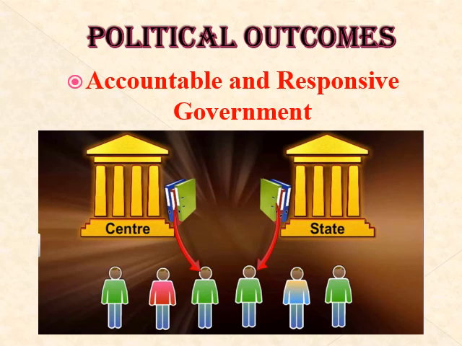Therefore, the outcome of democracy is to produce a government that follows procedures and is accountable to the people. Students, the democratic government develops mechanisms for citizens to hold the government accountable and to take part in decision making. So students, this is the most important political outcome of democracy.